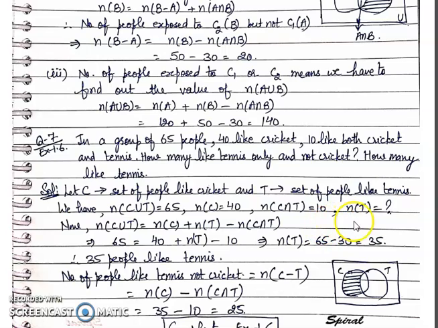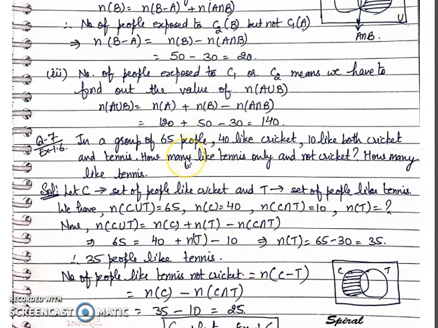So it means we have to find out the number of elements in T. Apply the formula: n(C union T) is equal to n(C) plus n(T) minus n(C intersection T). Put in the values. We get the number of people who like tennis is equal to 35.